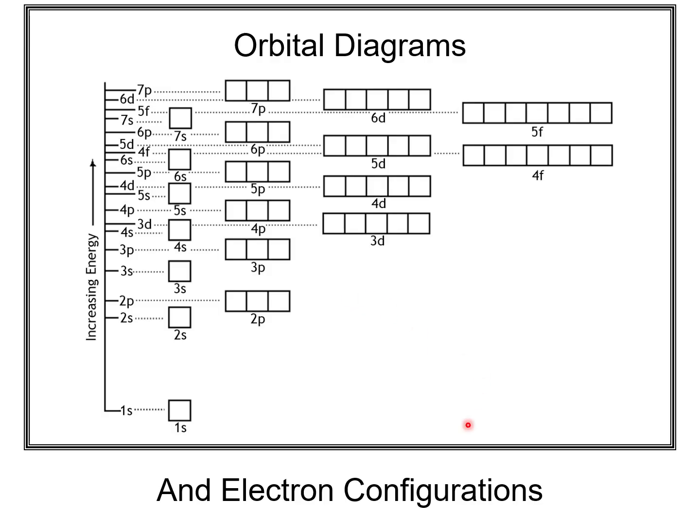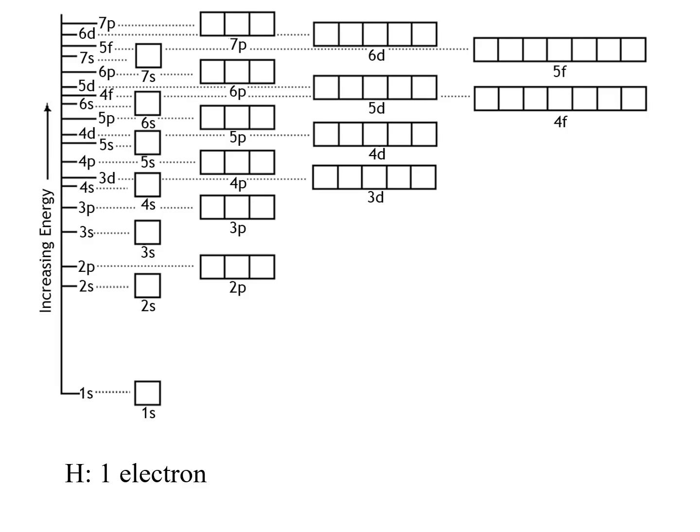We're also going to be looking at electron configurations. Electron configurations are just a shorthand notation for the information that is provided in the orbital diagrams. All right, so we're just going to start with hydrogen. Start with the simplest and work our way up. So hydrogen has 1 electron. The lower energy everything is, the more stable it is.